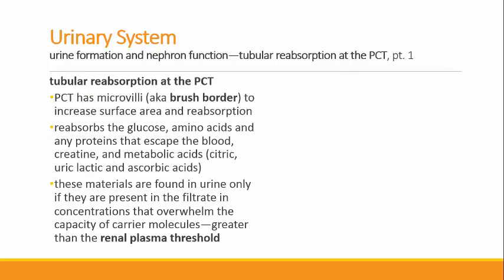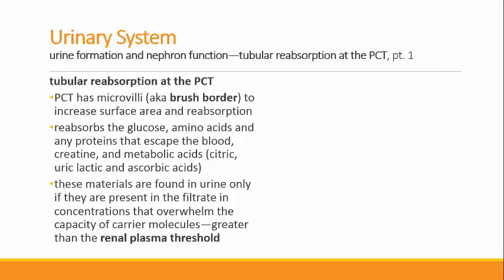So where do we do tubular reabsorption? The bulk of tubular reabsorption occurs at the proximal convoluted tubule. And this makes sense. This is where the fluid is going to be the most dilute, so this is where a lot of the water is called back into the body through tubular reabsorption.